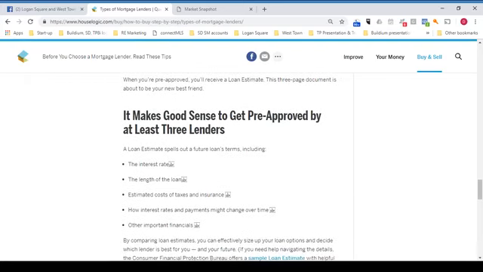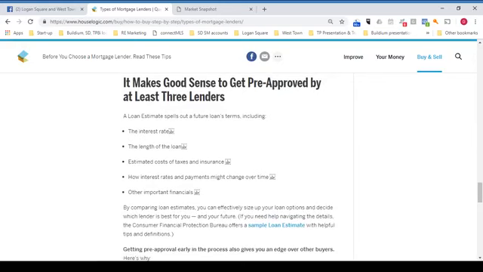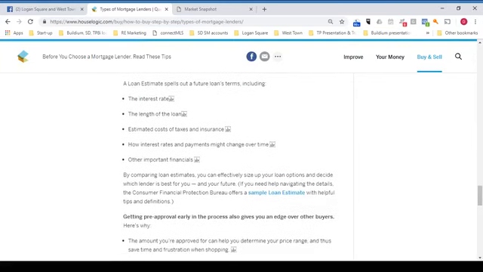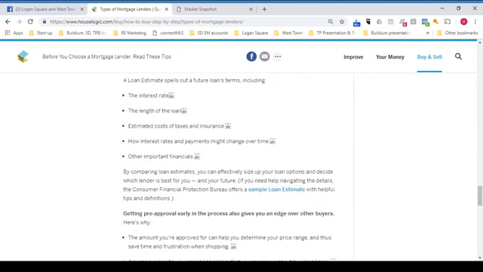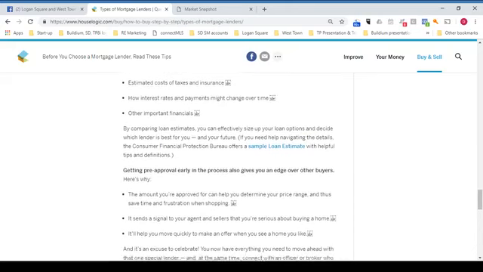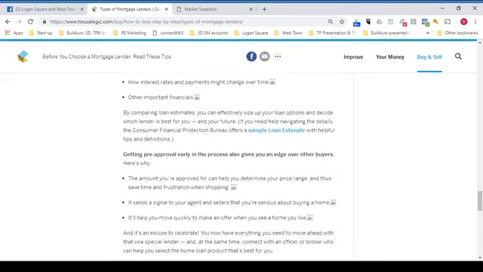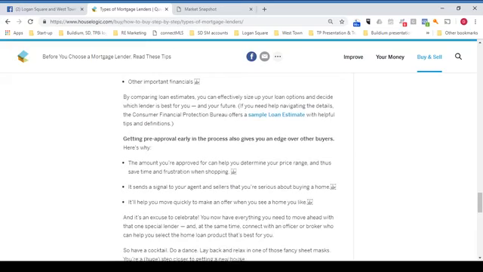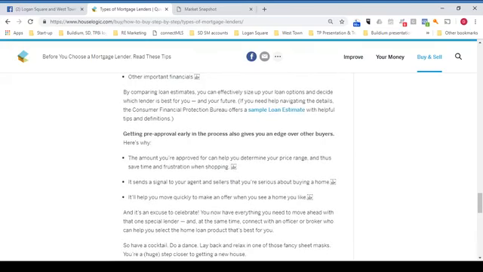When you're pre-approved, you'll receive a loan estimate. This 3-page document is about to be your new best friend. It makes good sense to get pre-approved by at least 3 lenders. A loan estimate spells out a future loan's terms, including the interest rate, the length of the loan, estimated cost of tax and insurance, how interest rates and payments might change over time, and other important financial information.